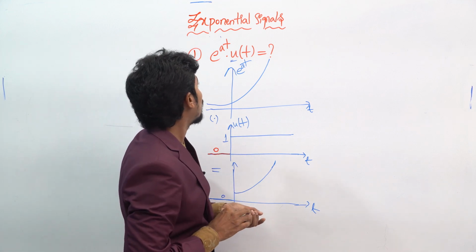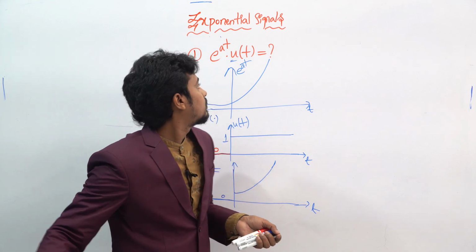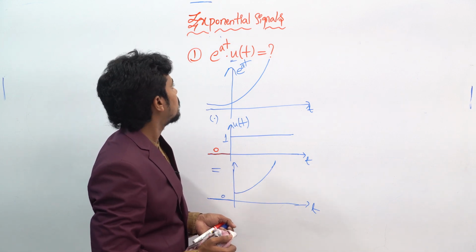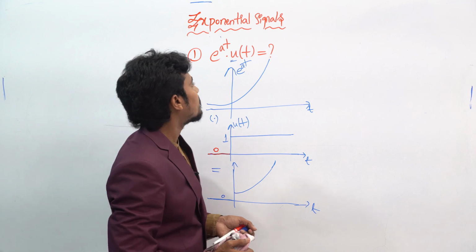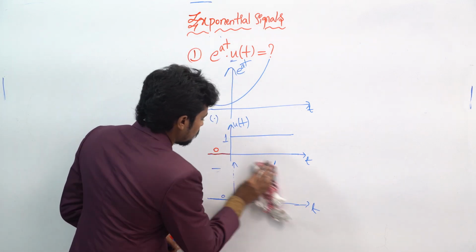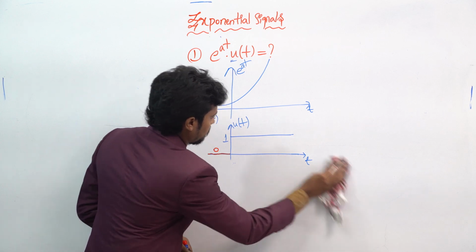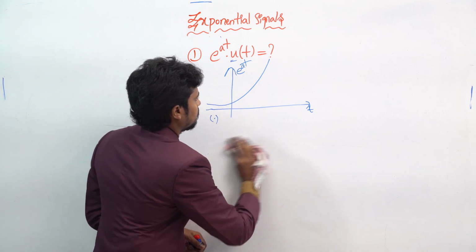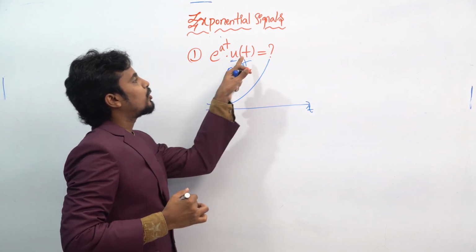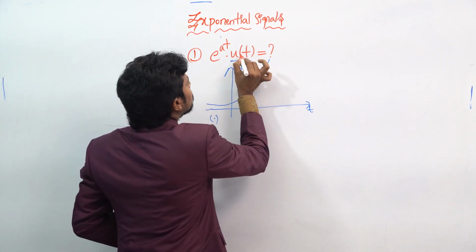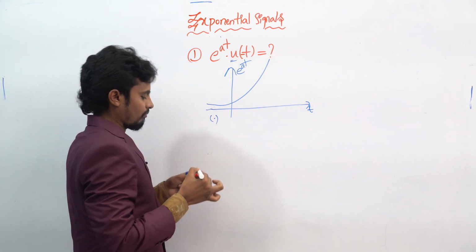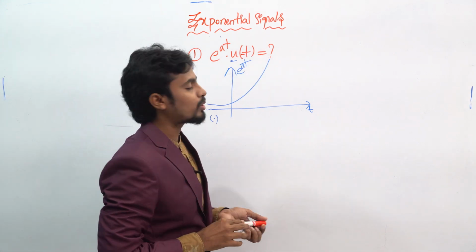Similarly, if you want to solve e power at into u of minus t, what will happen? Let's see. I just want to replace this u of t with u of minus t. What will happen to the plot?